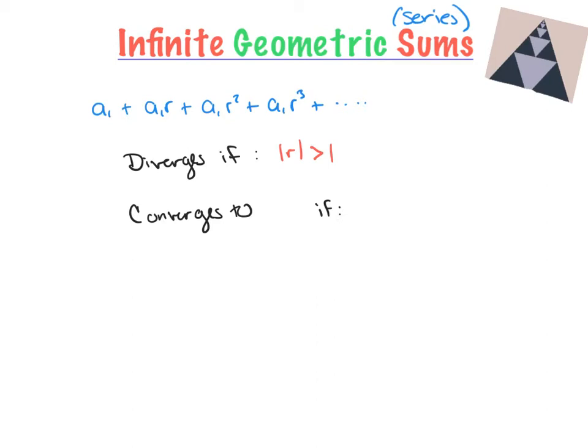If the absolute value of r is less than 1, it converges, and it converges to a1 over 1 minus r. And one last remark to make is this can also be written in series form. I'm going to pick n this time as my index counter. n goes from 1 to infinity of a1 times r to the n minus 1.